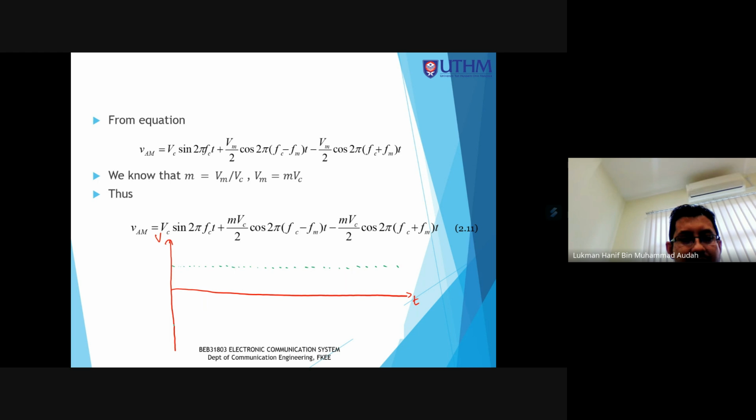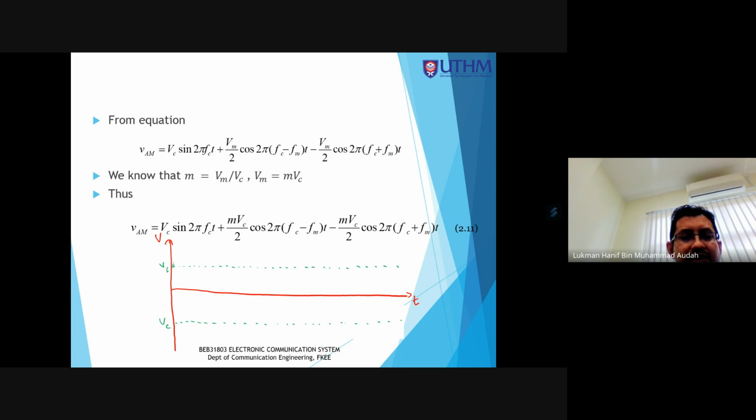So the center of the envelope is actually the VC. Then I will make another dotted line of a sine wave like this.